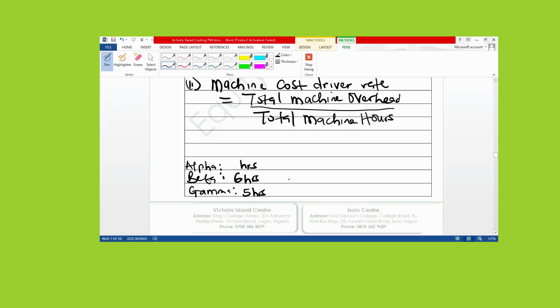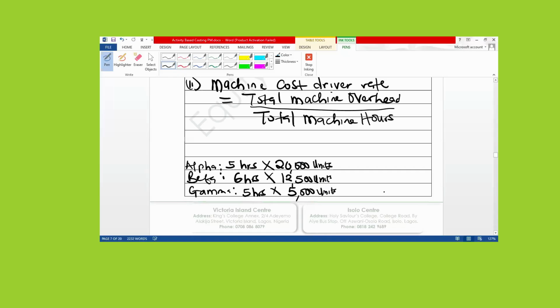Multiply by the number of units produced: for alpha we produce 20,000 units, for beta 12,500 units, for gamma 5,000 units.